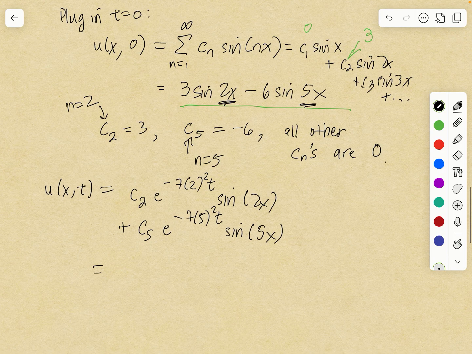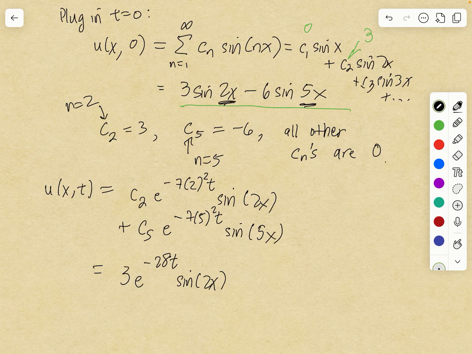And now I plug in the stuff that I have. So I know c2 is 3 e to the, so negative 7 times 2 squared, that's negative 28 t sine 2x. And then plus, well, c5 is negative 6.